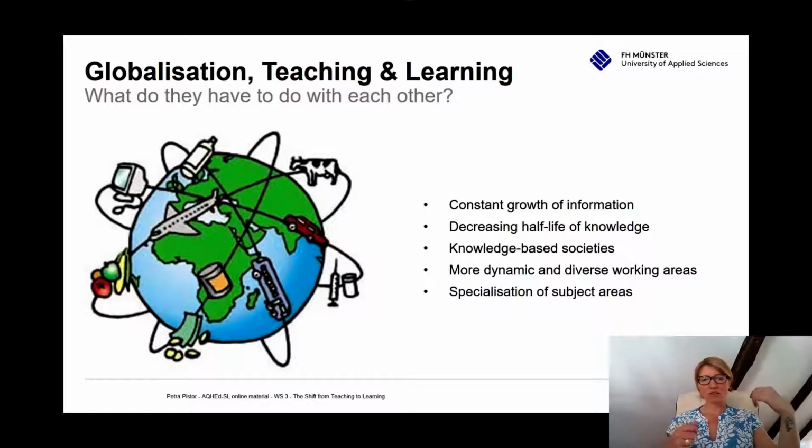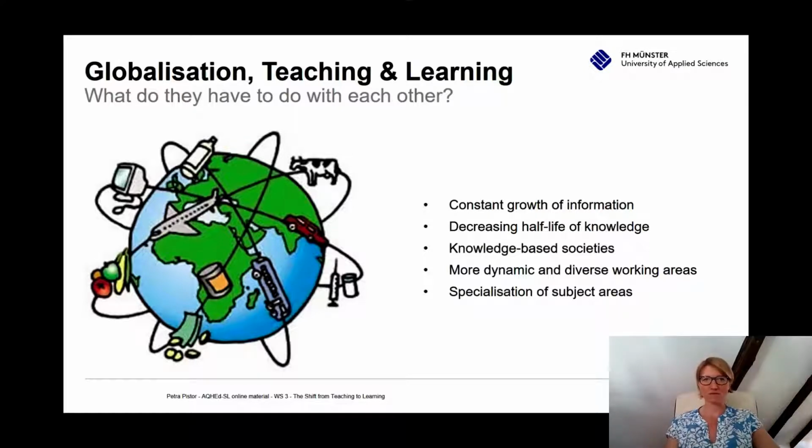And institutions of higher education need to adapt to these dynamic changes in society and economy, since knowledge and science are the most important resources of modern societies. Thus, for study programs, this requires a paradigm shift from teacher-oriented input to the outcome of a learning process.